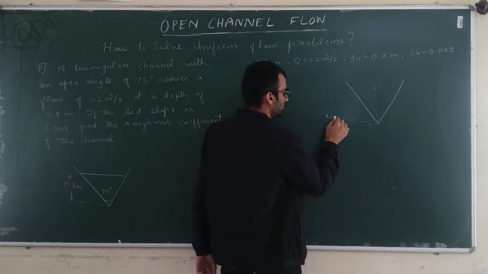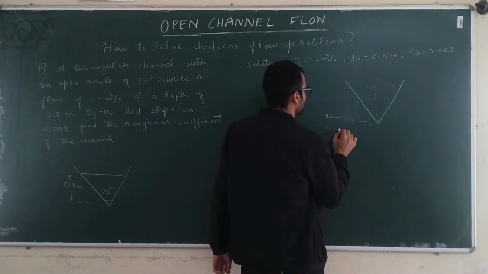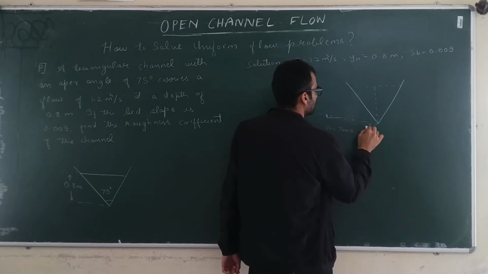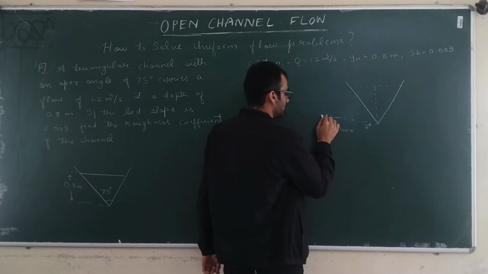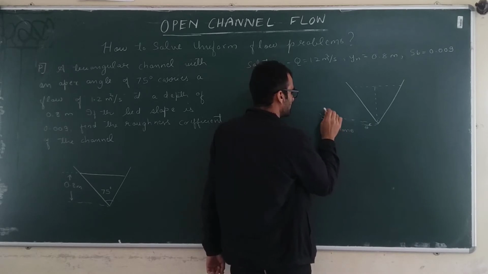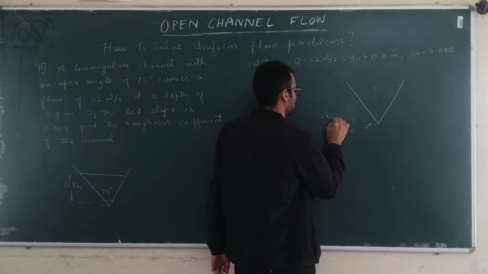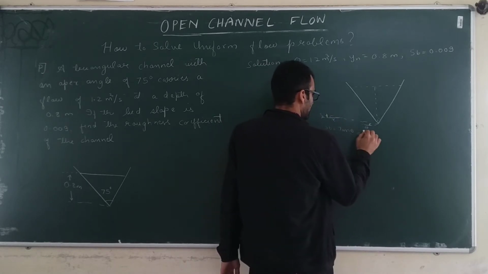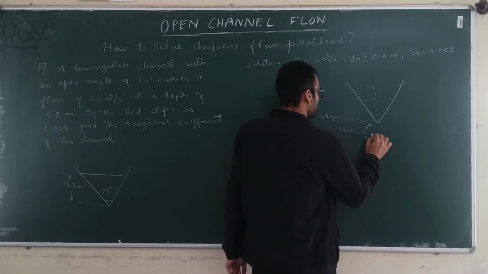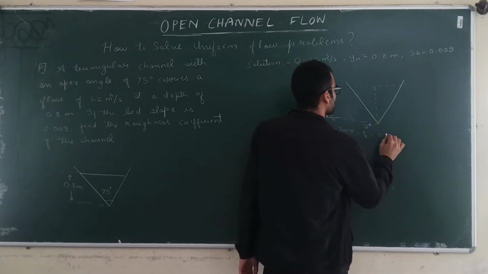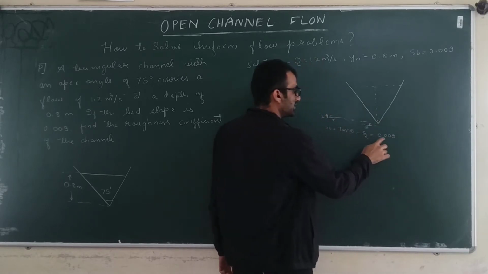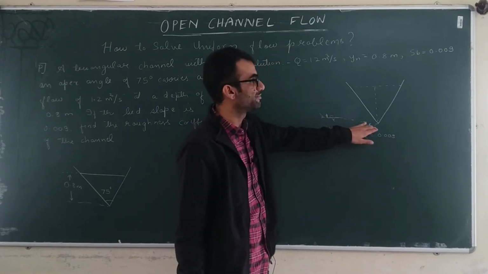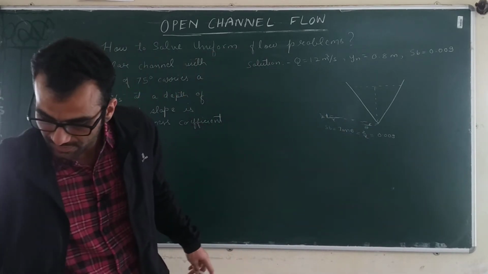Suppose this angle is theta. SB is tan theta, which is z by x. So this value we are given as 0.009. It will be unitless because it is meters upon meters. So that is the bed slope, and that also we know.